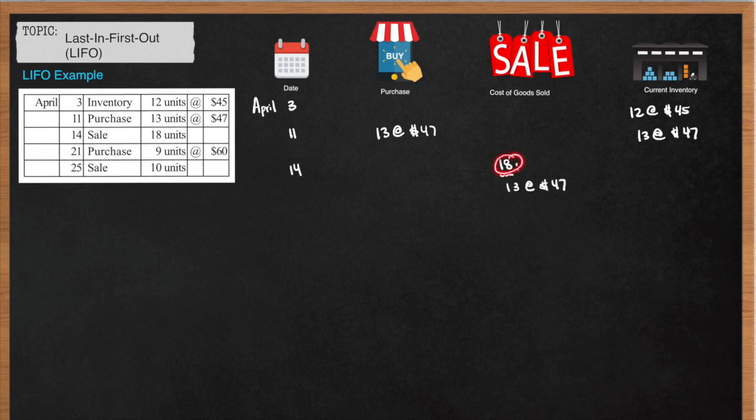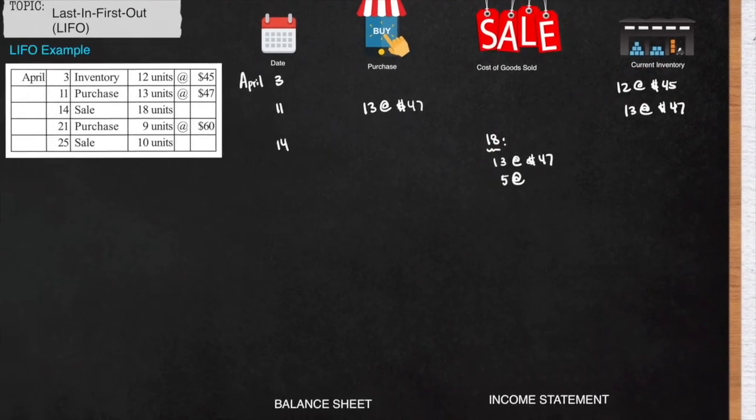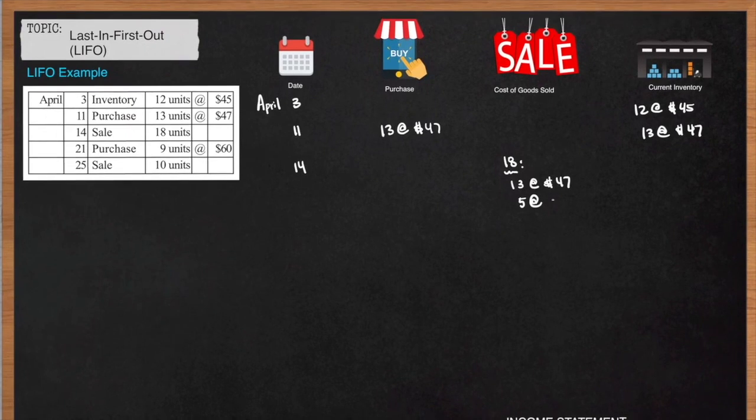So I'm going to take all of the 13 at $47. We don't have enough. We need 5 more units, and I'm going to pull from the older inventory, because the 13 at 47 is all gone. So 5 at $45. As I said, and we did in the last example, update your inventory column so we keep track of the current inventory.